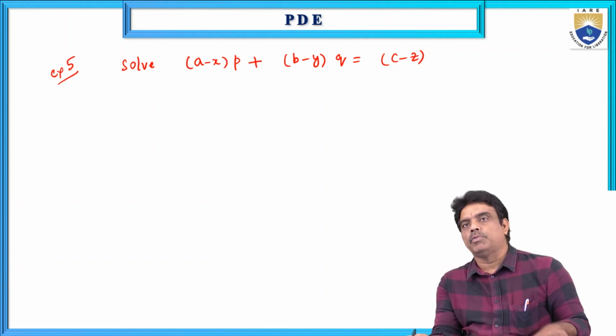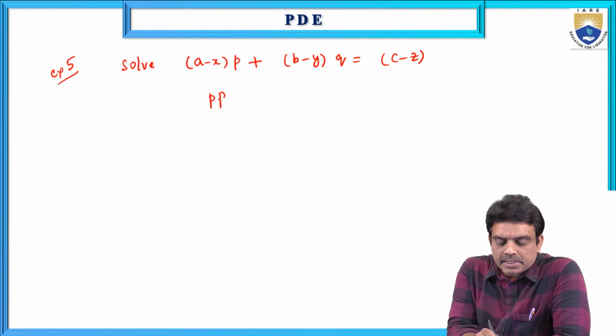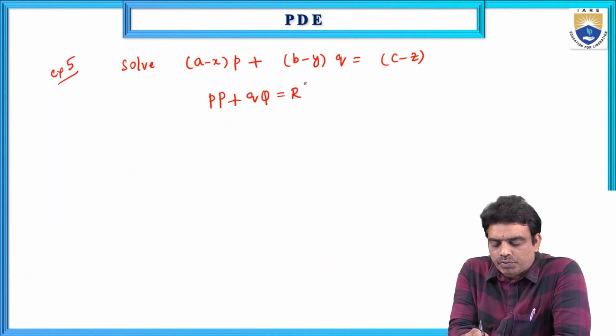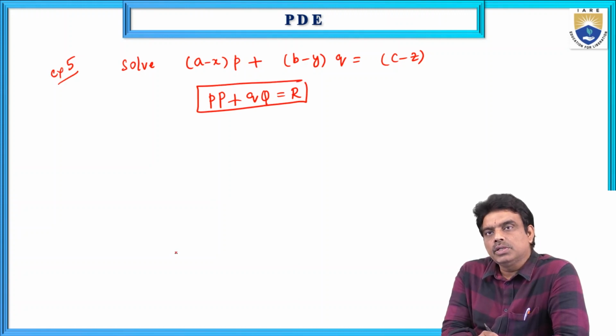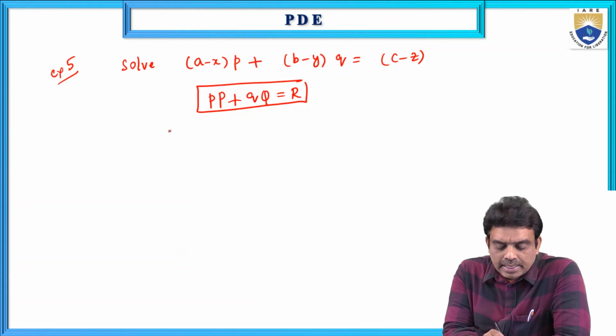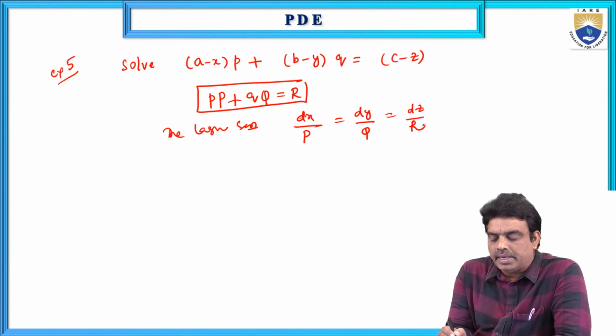It is also a similar model, because it is in the form small p capital P plus small q capital Q is equal to R. So what are the subsidiary equations? The Lagrange equations are dx by P is equal to dy by Q is equal to dz by R.